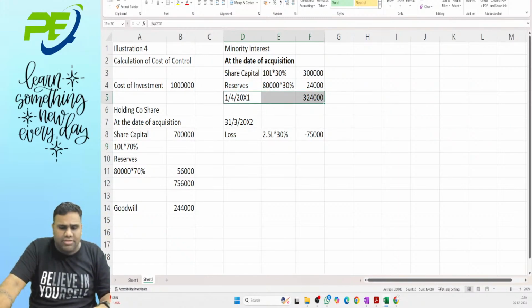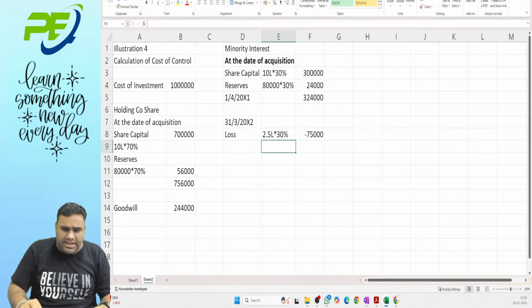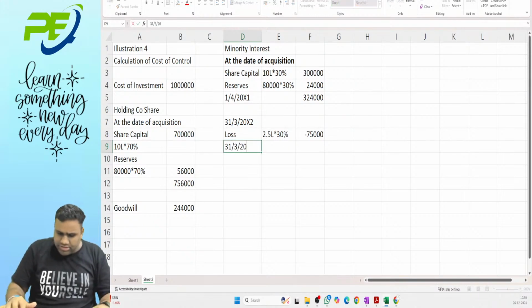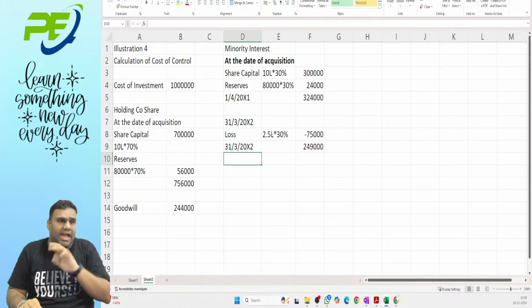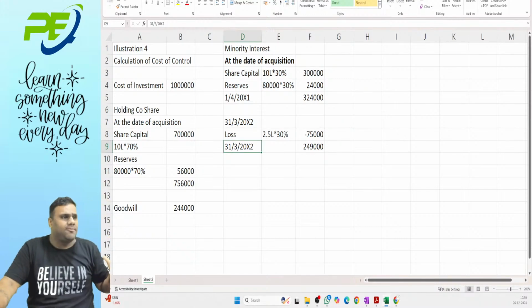My opening balance was this, and this is the loss for the year. So minority share as on 31st March 20x2 is 3,24,000 minus 75,000, which is 2,49,000. Any doubts for anyone?